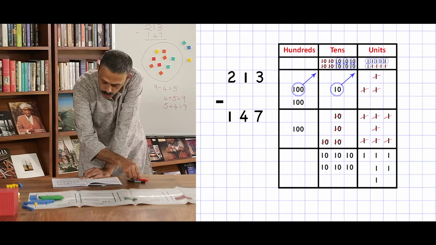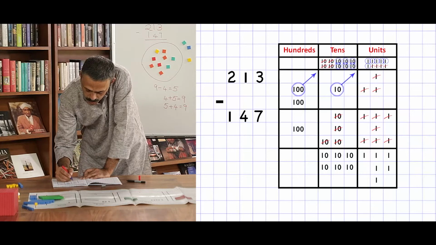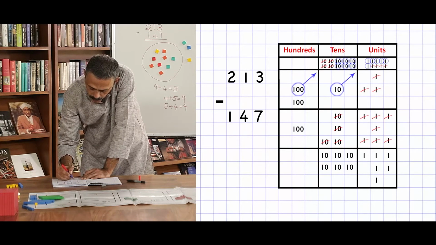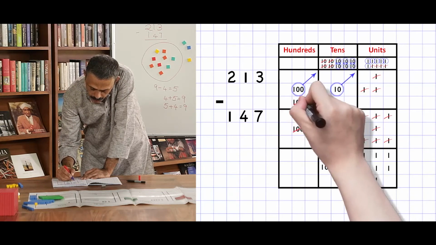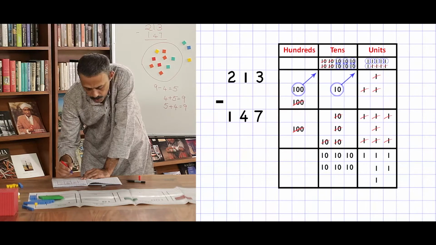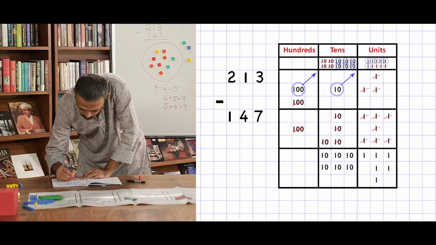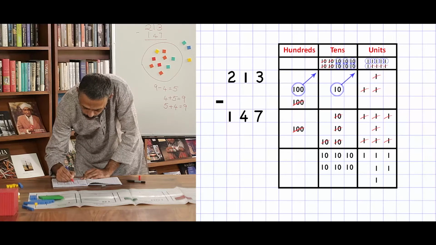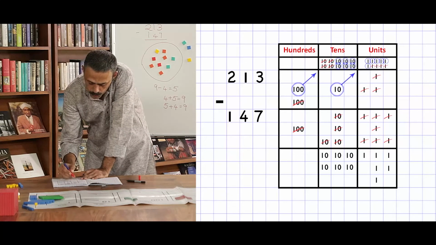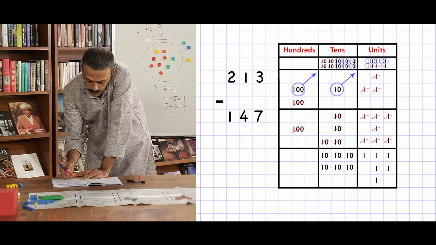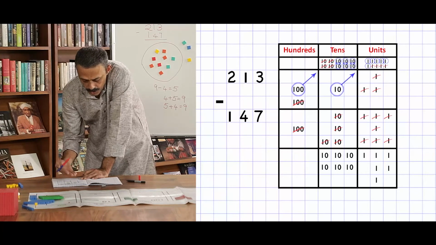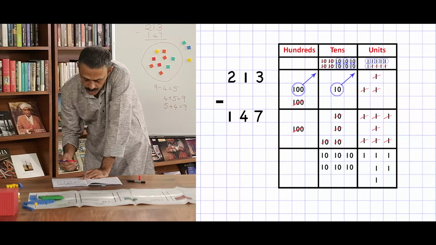Hundreds place. We are yet to do this. How many hundreds are there? 100 remains. And we have to remove 100. How many hundreds are left? Nothing. So if there is nothing, it means 0.